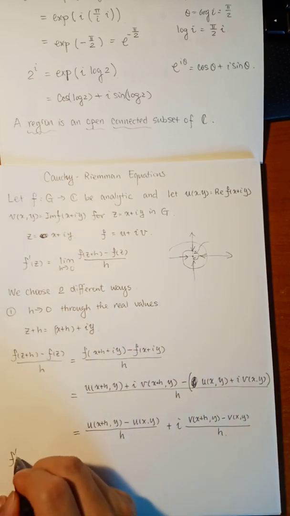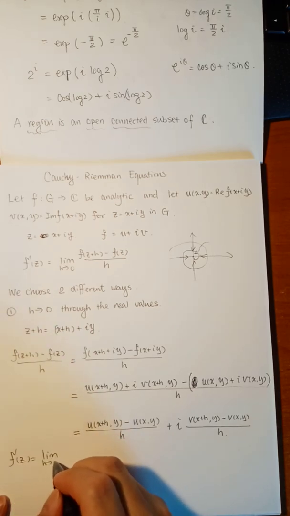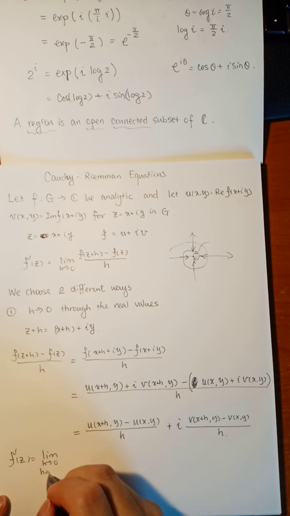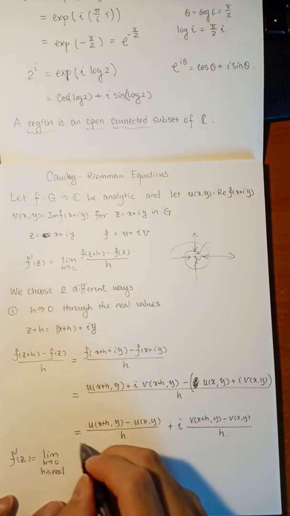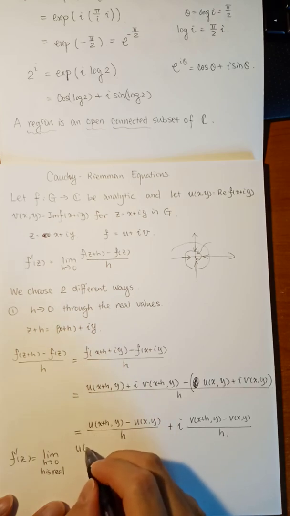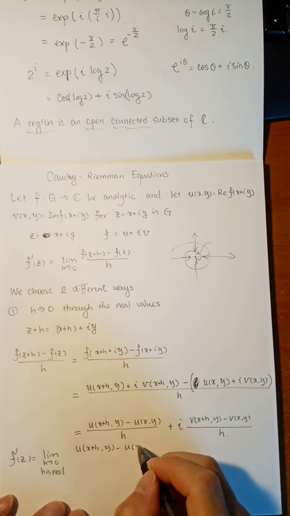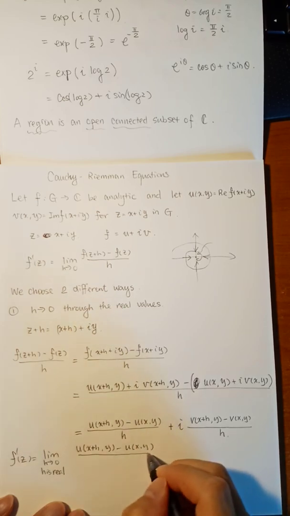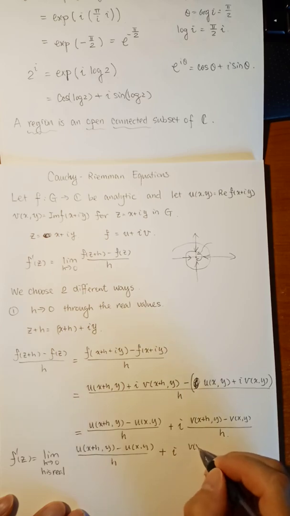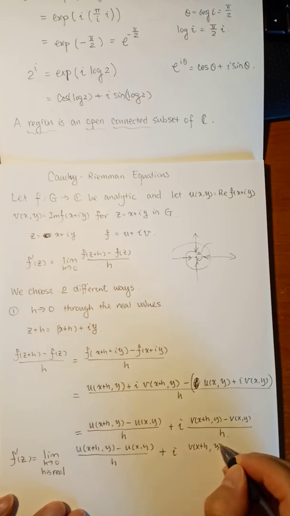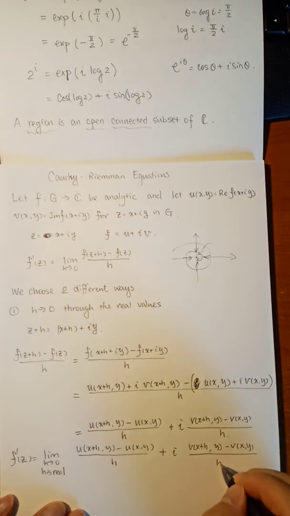So f prime of z, in this case, h approaches 0, h is real. It's actually the limit of this part, u of x plus h, y minus u of x, y over h, plus i times v of x plus h comma y minus v of x, y over h.